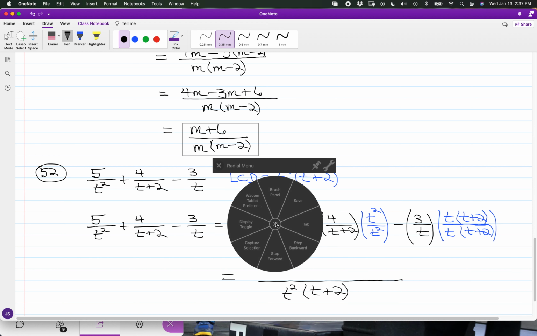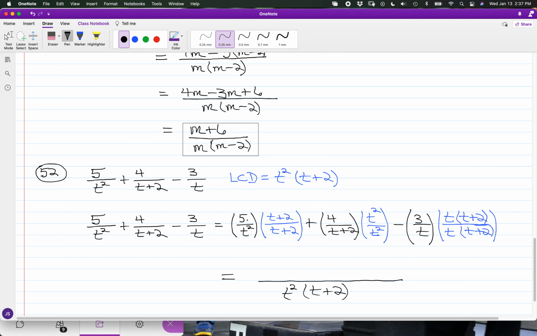And looking at the numerators, you got 5 and t plus 2, and if I go ahead and multiply out, I'm going to have 5t plus 10, and plus 4 times t squared. And I'm going to take this last part with a little bit of an added step, so you have subtraction. You got 3 times t times the quantity of t plus 2.